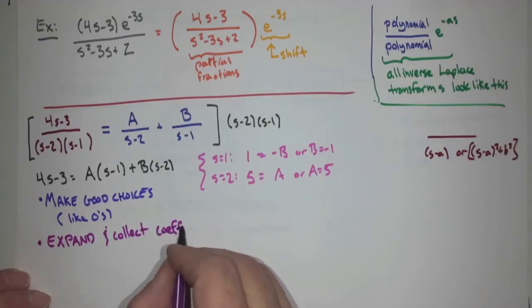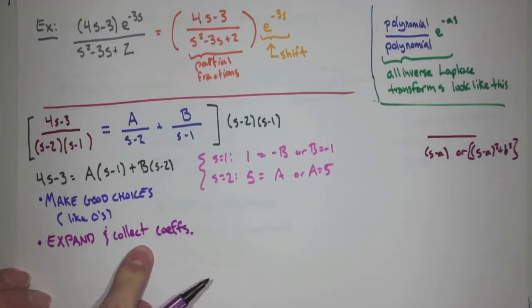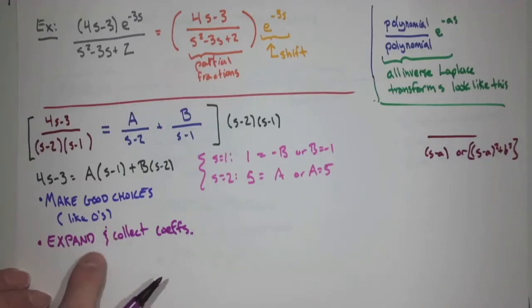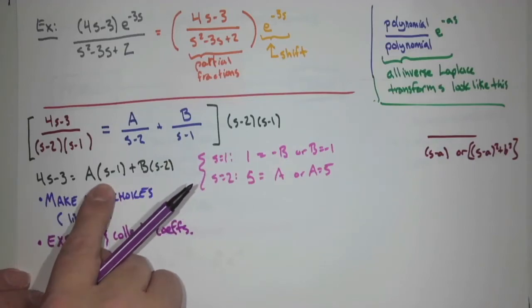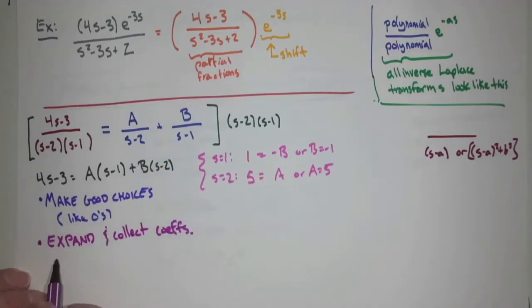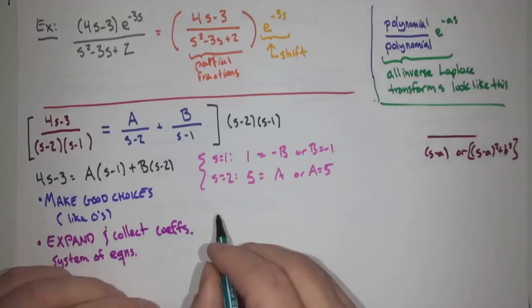The moral is, think of it as a polynomial. So you expand and group. You take the coefficient in front of s, the constant coefficient, and that gives you a system of equations to solve. And if there's anything that we've gotten pretty good at in this class, it's solving systems of equations. We're really good at that, so we'll skip doing that here. Okay, so now we've done our partial fractions decomposition. Let's continue with our problem.